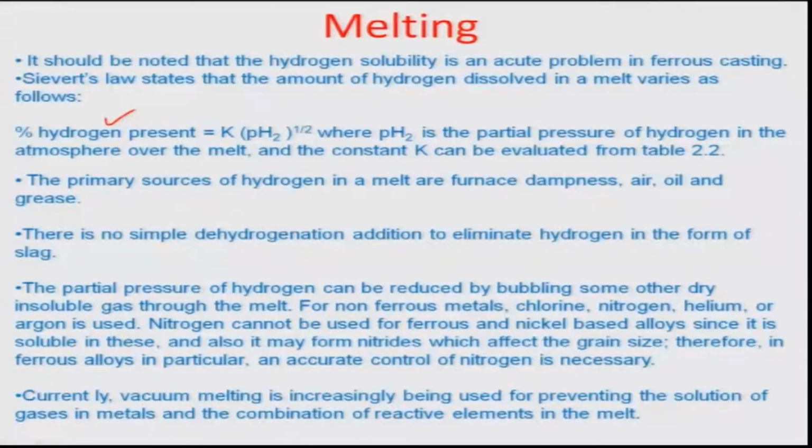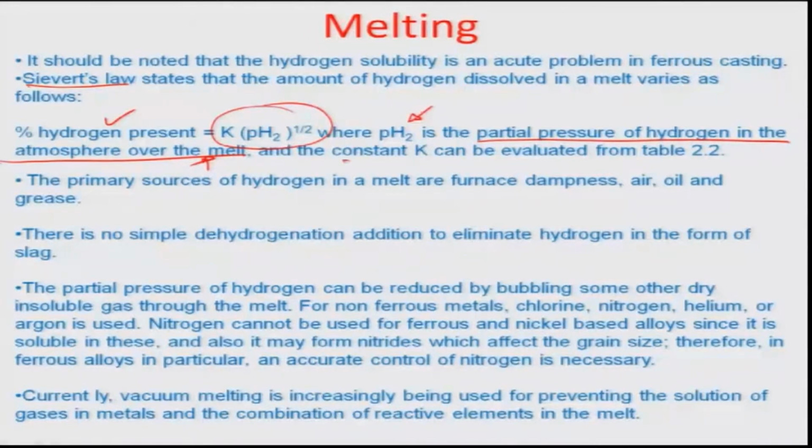So, this is actually given by the Sievert's law, which states that the percentage hydrogen present is basically proportional to the partial pressure of hydrogen to the power of half, and this is actually the partial pressure of the hydrogen in the atmosphere over the melt. So, when you are melting this iron in a furnace, and there is some hydrogen pressure which is there, it actually determines what is the percentage solubility or what is the percentage dissolution within the species.